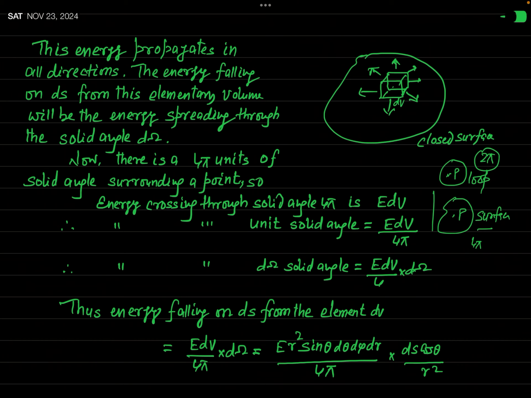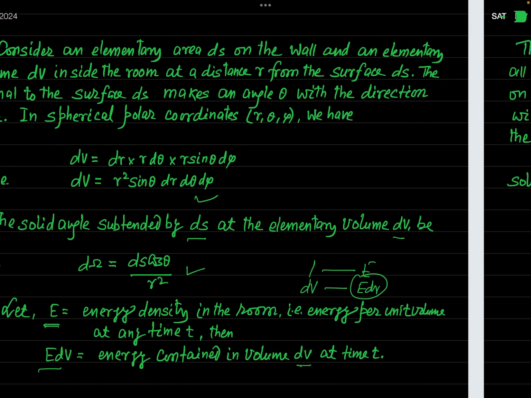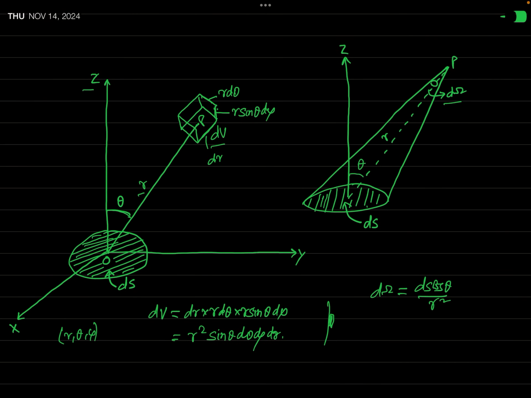If I ask you what is the solid angle in which the energy from this elementary volume will be emitted, the answer will be 4 pi, because there is a 4 pi units of solid angle surrounding a point P. So the energy E dV, which is contained in this elementary volume, will actually emit the total energy E dV through the solid angle 4 pi. Now let us see how much energy will fall on this elementary surface ds.